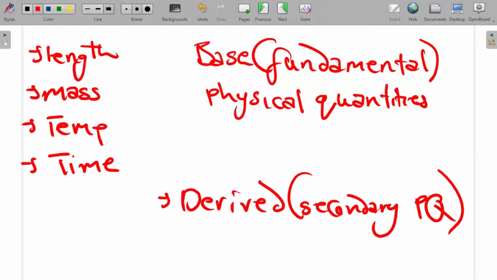I'll just write it like that. Okay, so these are the two types of physical quantities. There's what we call base or fundamental physical quantities, or sometimes we can also refer to them as primary physical quantities, whilst there's also what we call derived or secondary physical quantities.